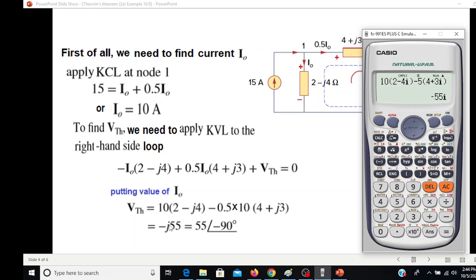And j is written in terms of angle as 90 degrees. So minus j will be minus 90 degrees. So this is the answer for V Thevenin.